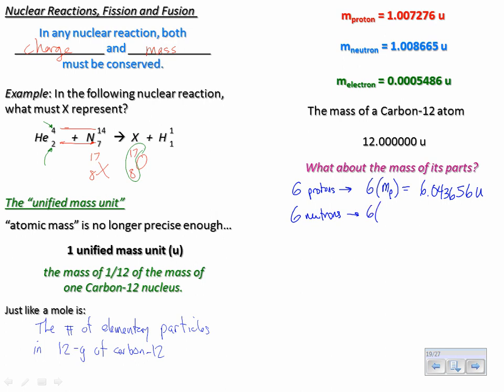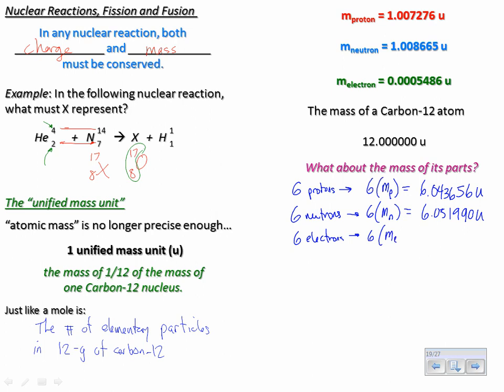And then there are 6 neutrons. So 6 times the mass of a neutron, 6 times 1.008665, is 6.05199 unified mass units. And I guess 1190, we want to keep those sig figs. And then there are electrons, of course. There are 6 electrons in carbon-12.